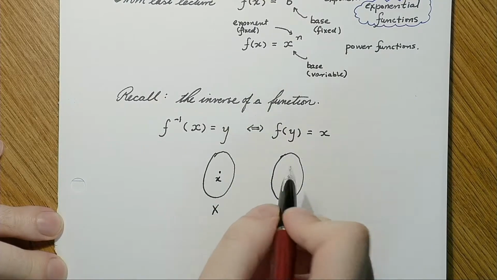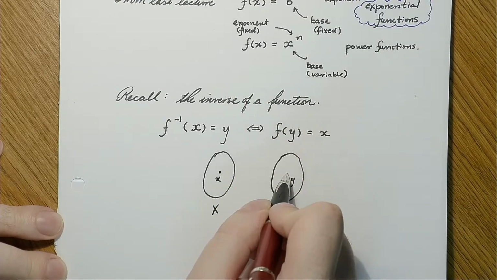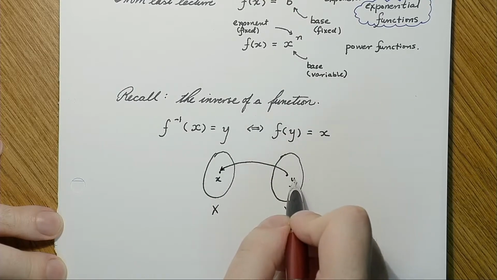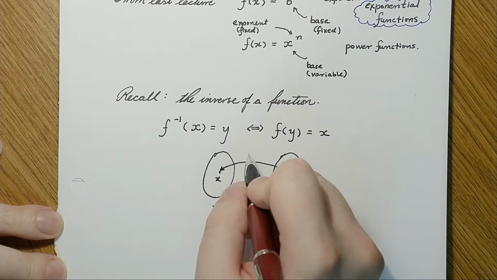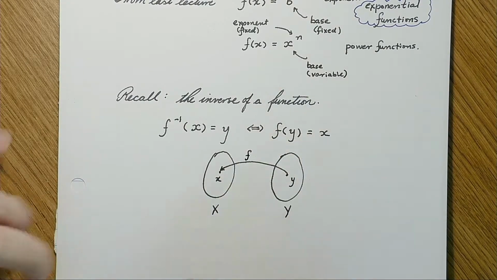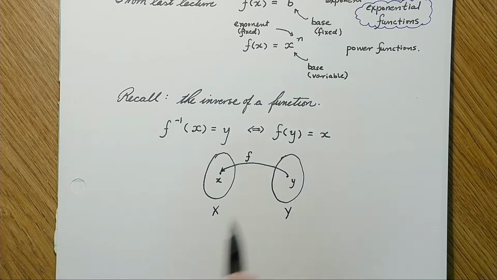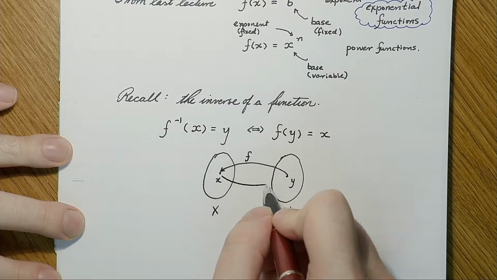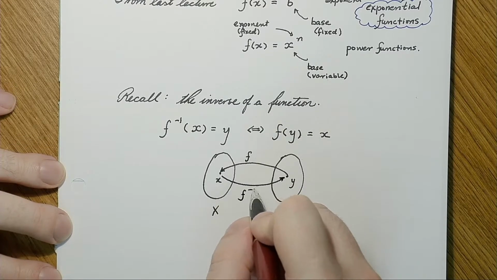If I have this mapping, here's f, it's mapping y to x. So this function takes y and maps it to x, and so I'll call this f. And what that inverse function says is that if I take x, it will map it back to y. So if I do that, this is my inverse function.